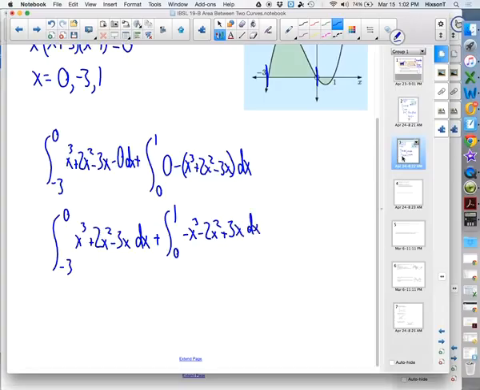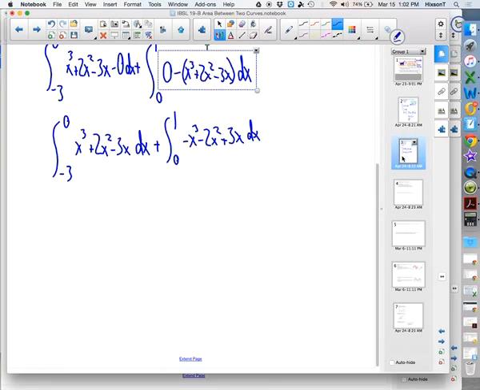Okay? And you have the option. You could either distribute the negative like I did, or you could have left this and pulled the negative out in front of the integral since it's a constant multiple. Alright? But now we have to integrate both of them and add the areas together.